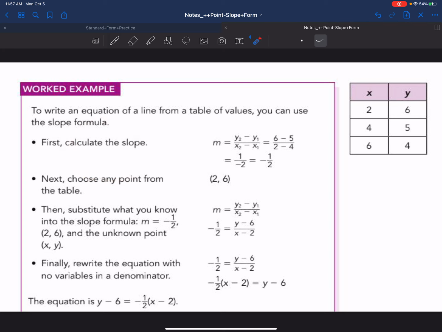It wasn't just handed to us this time. We got to solve for it. So we would use the slope formula to solve for the slope, and then we would pick any point in the table. So they picked 2, 6, to then substitute into the point slope form. And then from there, we would probably go ahead and just solve for y.